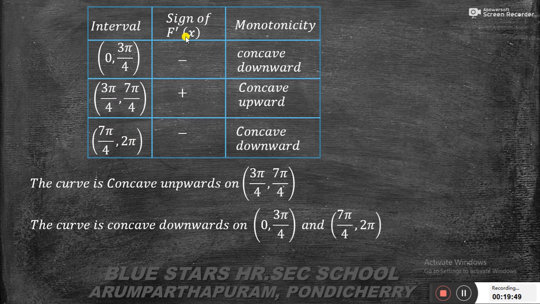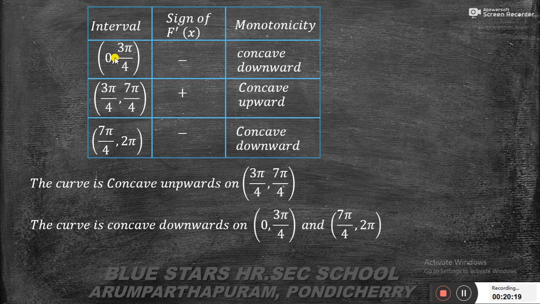Sign of f double dash means I take any angle from this interval and substitute it in f double dash. For example, x equal to 30 degrees in f double dash of x, I got the minus sign in the answer, so I represented minus.